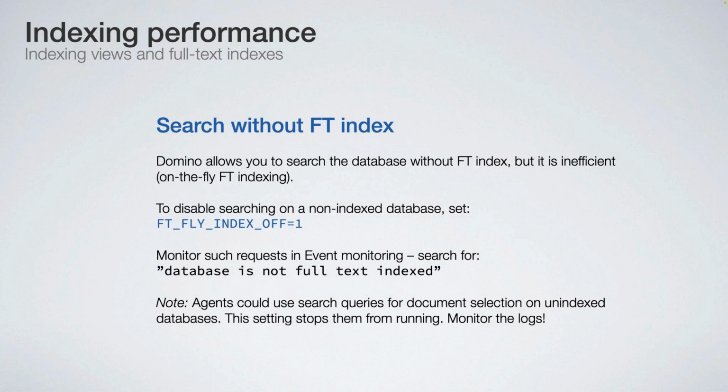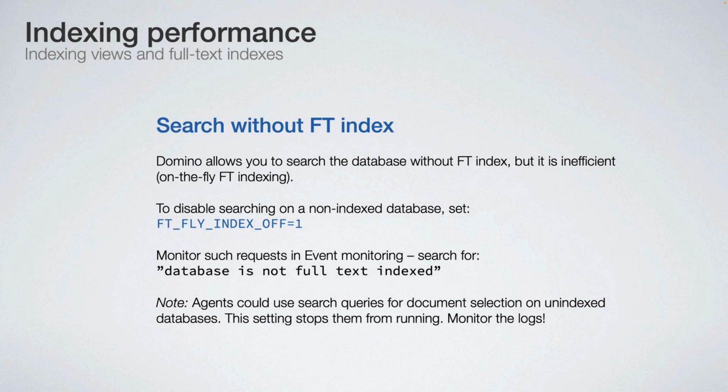So you can use this parameter, FTFly index of this one, that prohibits so-called on-the-fly indexing, where the database is not pre-indexed by the indexer, but it is indexed inefficiently during the time when the search is requested.